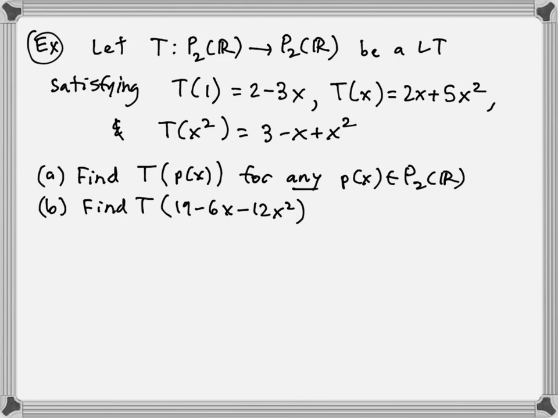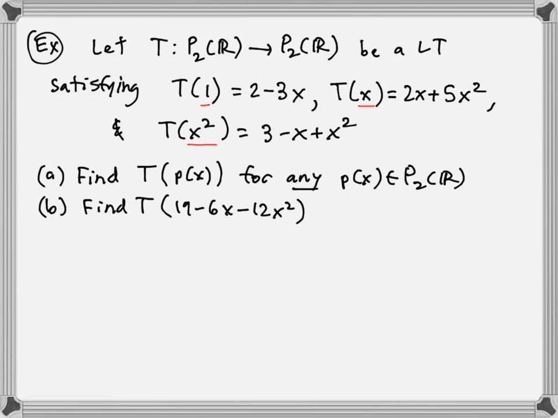Now, in order for us to solve this problem, it's important to realize something, okay? Why did they give us these facts? That T of 1 is equal to that, T of x is equal to that, T of x squared is equal to that.